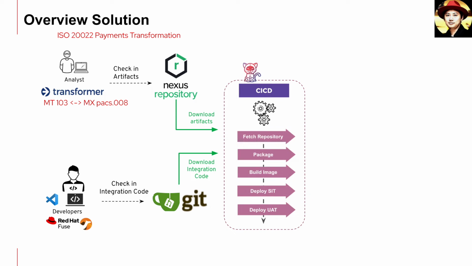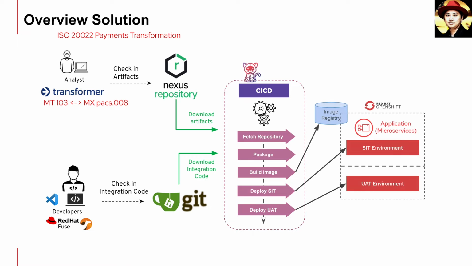A CI/CD pipeline is then used to build, package, and containerize the transformations microservice, followed by deploying into the SIT and UAT environment. I'm using OpenShift Pipelines, which is powered by Tekton, as my CI/CD engine.